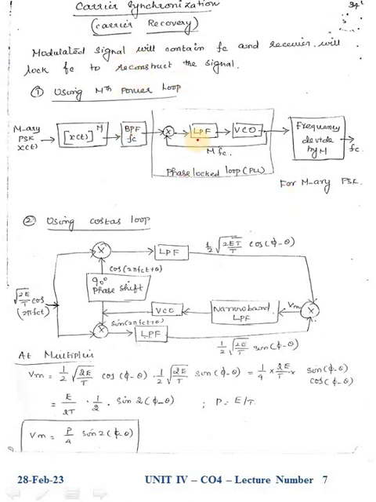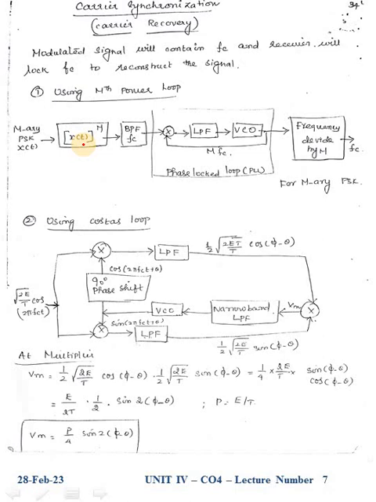This carrier recovery can be done by two methods. One is the Mth power loop and the second method is the Costas loop. In the Mth power loop, the basic blocks are the input signal and an M-th power device that is used for multiplication. Like a square law device, it squares the power level.